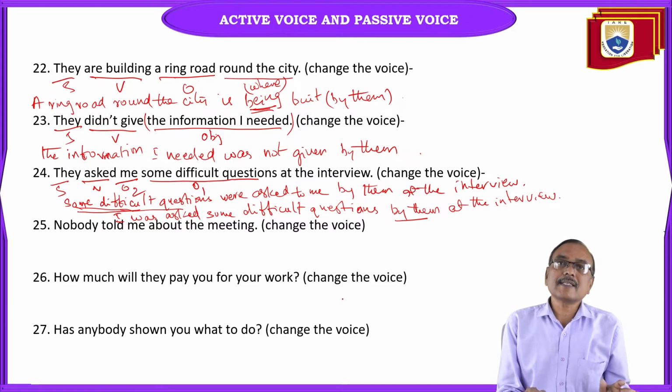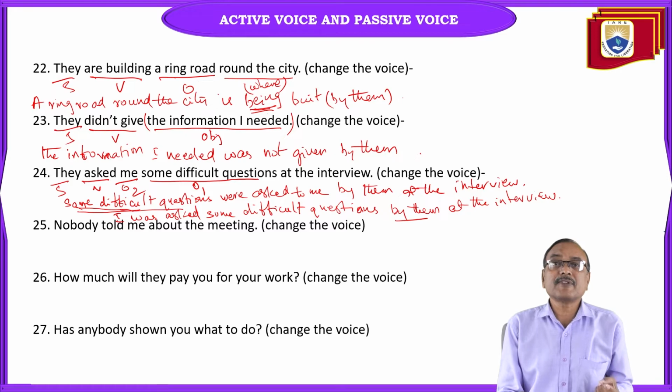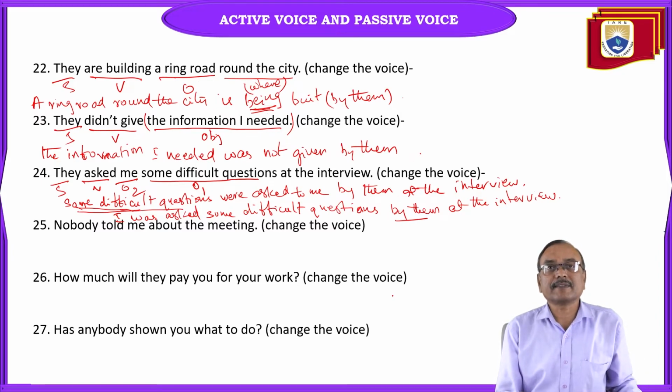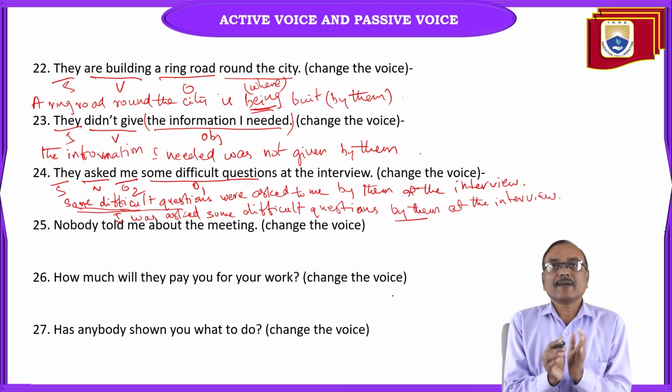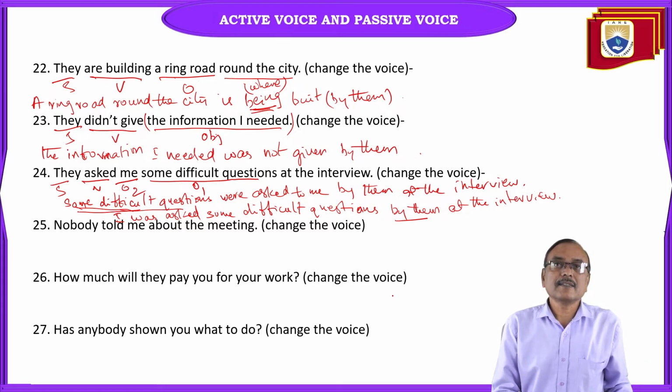Now read that: they asked some difficult questions. Then what is the next question? They asked some difficult questions to whom? So to me. So me is the indirect object. Right? Like this you have to identify direct object and indirect object. Okay?